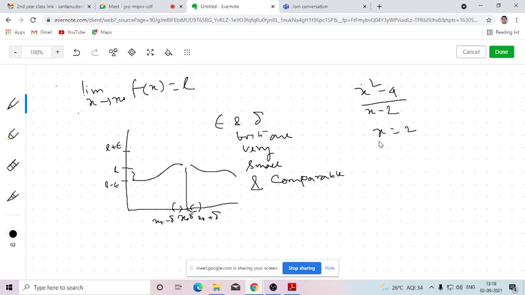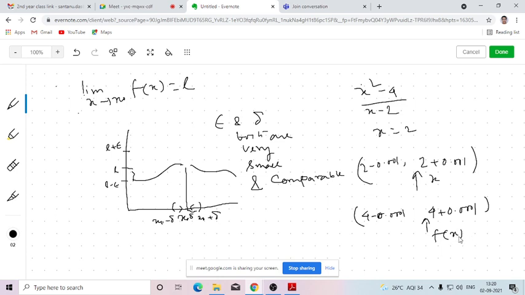Let's say we take an interval around 2 of length 0.001, from 2 minus 0.001 to 2 plus 0.001. Then the functional values f(x) will lie in a small interval around 4. Here delta is 0.001, which is very small, and epsilon is say 0.0001, also very small, and they are comparable because epsilon is delta by 10.